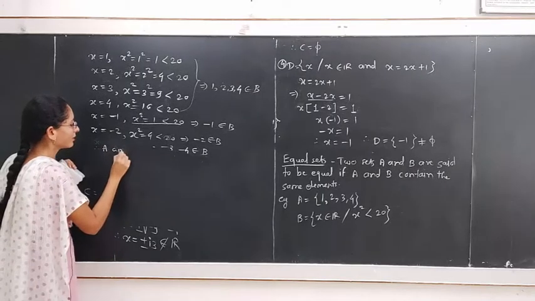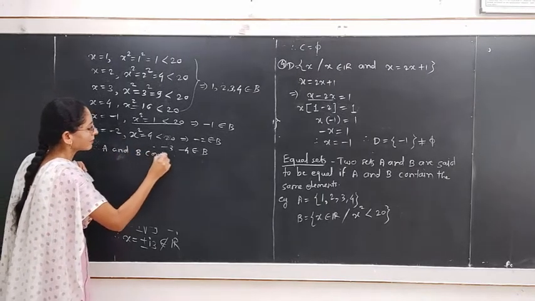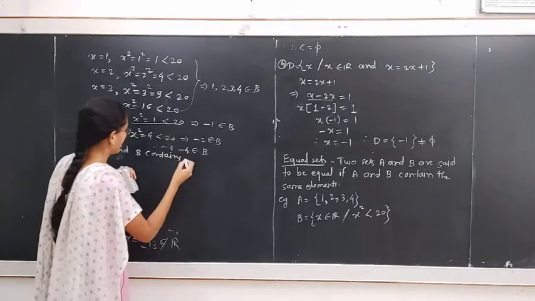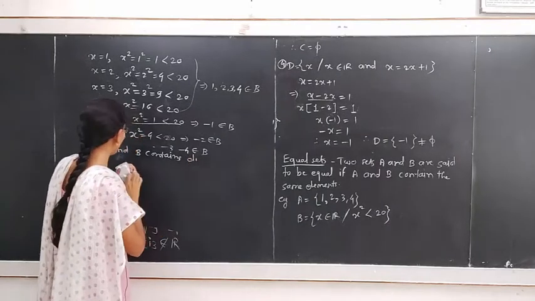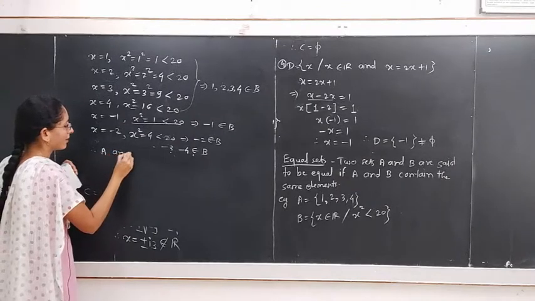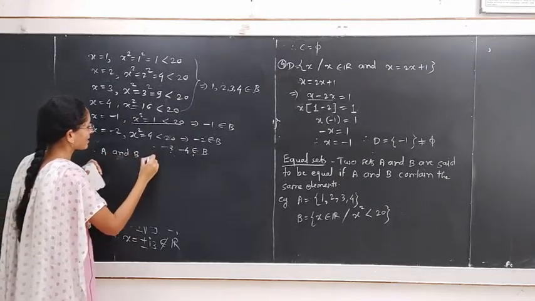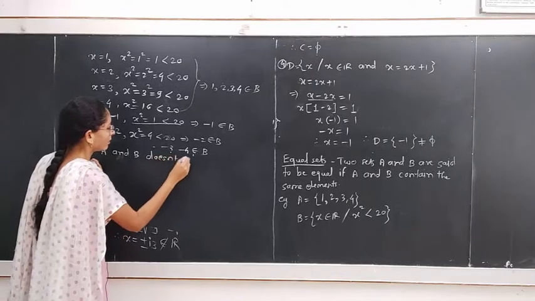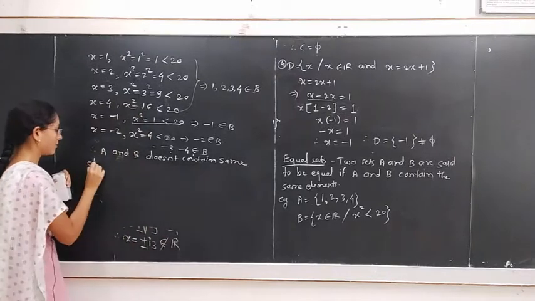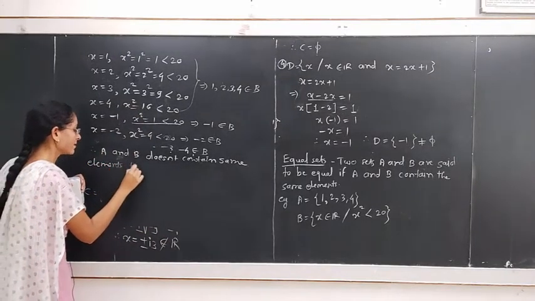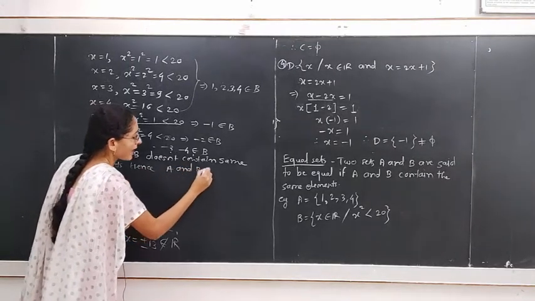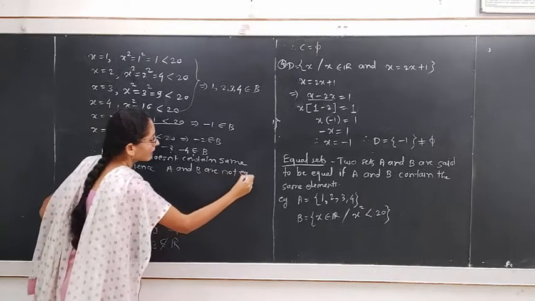A and B contain distinct elements, or A and B do not contain the same elements. Hence, A and B are not equal sets.